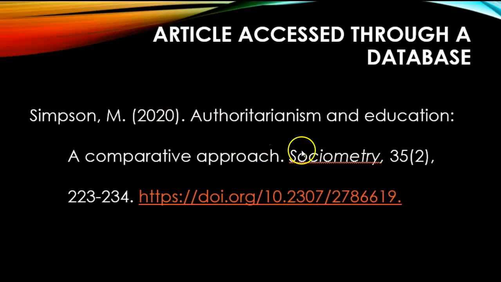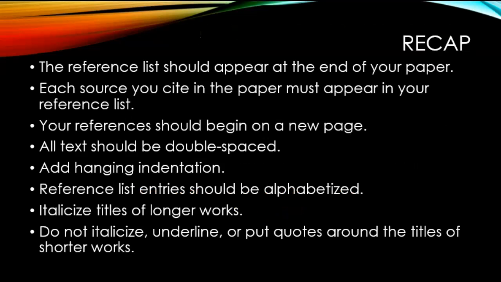Next, add the title of the journal, which is italicized, followed by a comma. Provide the volume and issue number, followed by a comma, then the pages, followed by a period, and provide the DOI or URL if available.